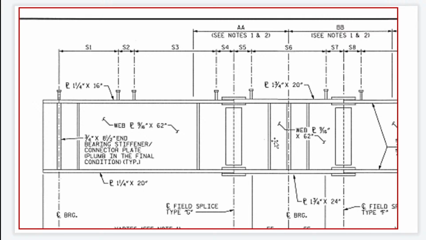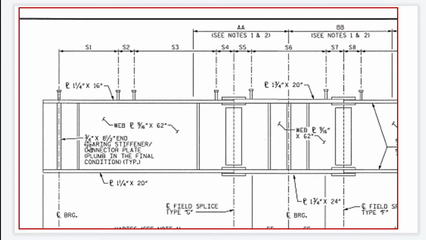Now take note of the location of the bolts, located here, here, and here. This is the top flange, this is the bottom flange, and this is the web, so it is a W beam type of girder.